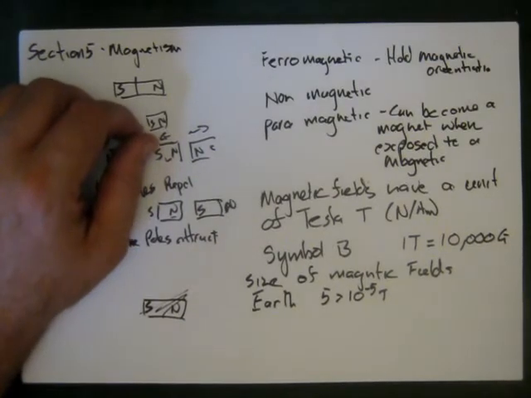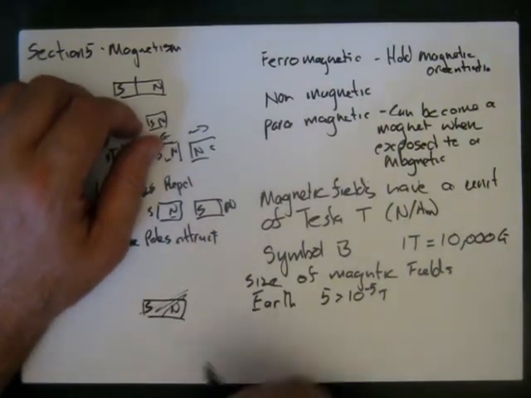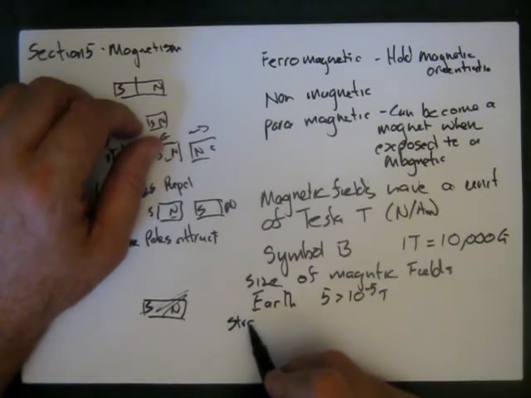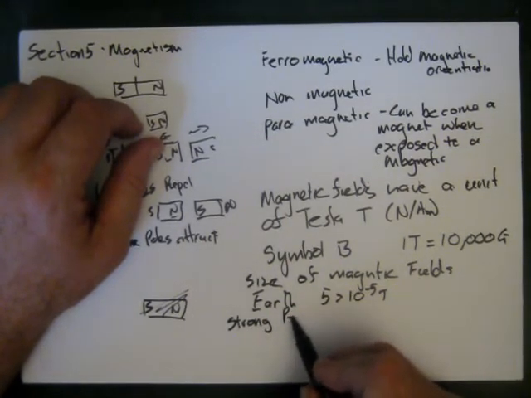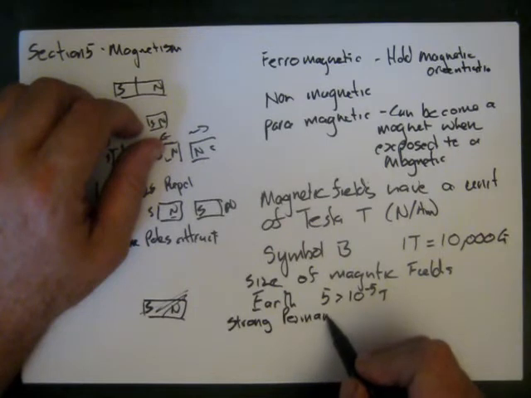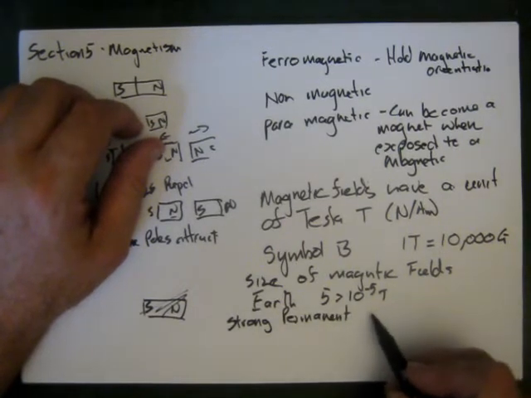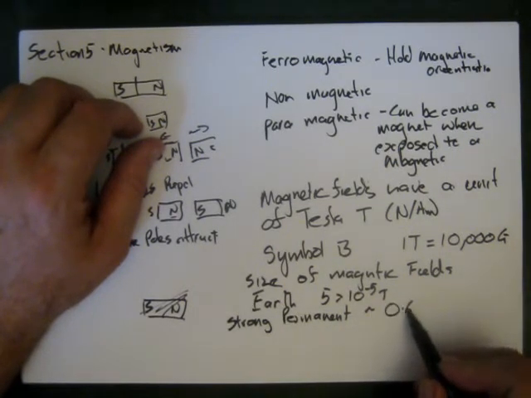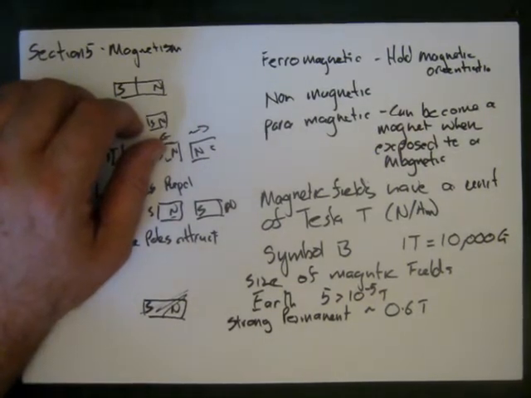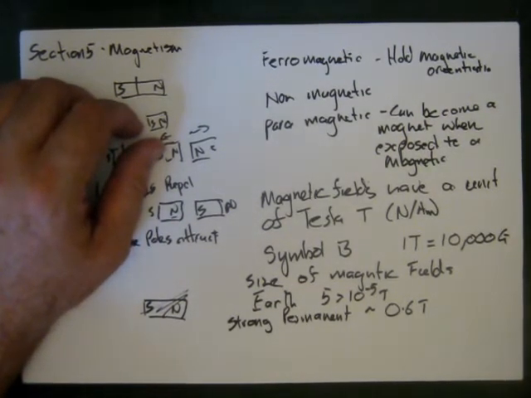If you're talking about a strong bar magnet like a neodymium, these are the strongest permanent magnets you can buy easily. They're approximately 0.6 Tesla, and can actually get up to 1 Tesla at a point. But these are incredibly strong. The average fridge magnet is maybe 0.01 Tesla.